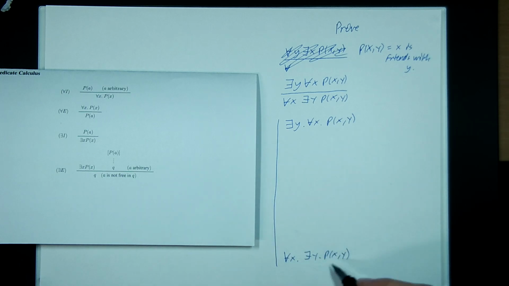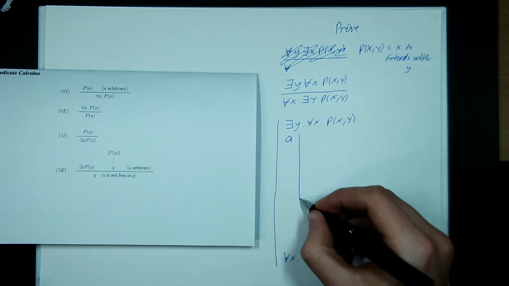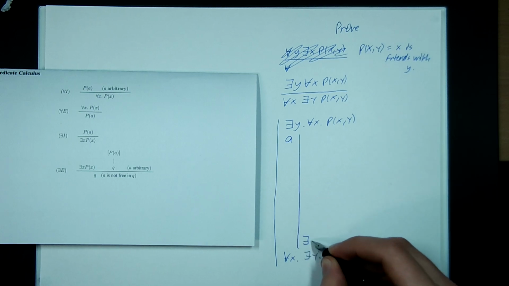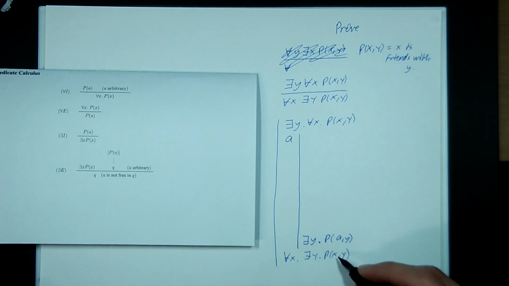So let's deal with this term first. The only way I can prove for all x exists a y, p of x, y, is showing for an arbitrary variable a that there exists a y, p of a comma y. So I've just replaced the x's with the a's, okay?